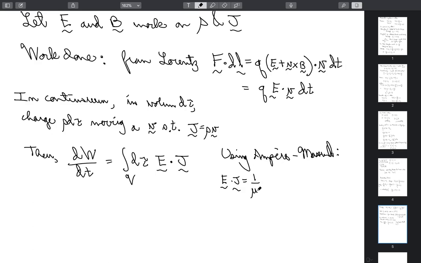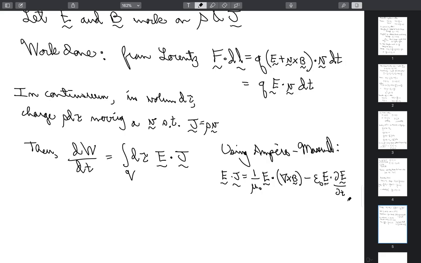I have a 1 over mu 0, and then I've got an E dotted into the curl of B. And then I have to subtract the other term, which has, you remember, the minus mu 0 epsilon 0, but now I'm dividing by the mu 0 because of Ampère-Maxwell, so I've got an epsilon 0 left. And now E dotted into the time derivative of E.